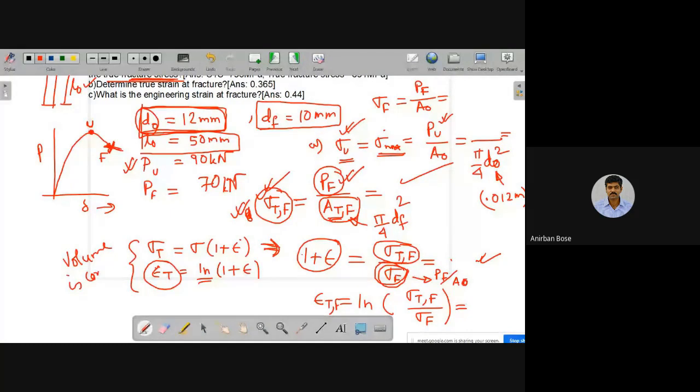This assumption is not very true after necking occurs. But in this problem we do not have enough information to calculate the strain at the fracture point, so that is why we are assuming volume is constant. You have to remember to mention this assumption. Do the calculations and check the answer.